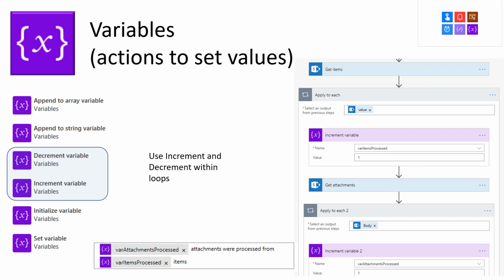And I have another variable for attachments processed, and each time it loops through that, it's going to add 1. So in the end, I'm going to send an email that includes the values that each of those variables ended up being: X number of attachments were processed from X number of items.